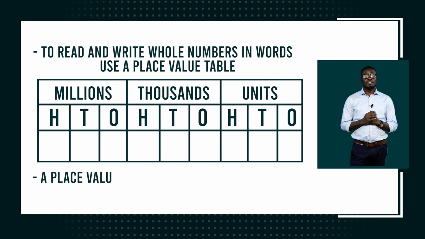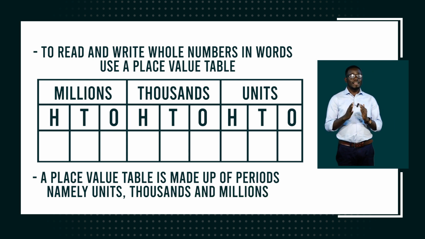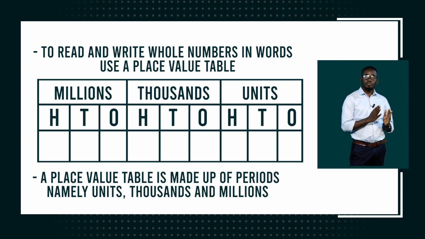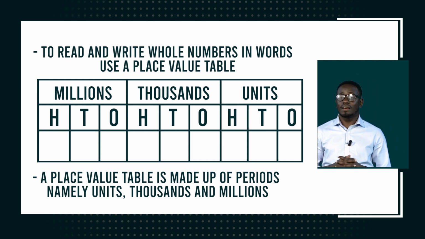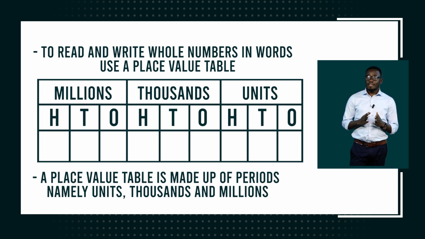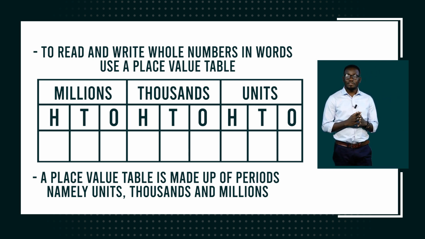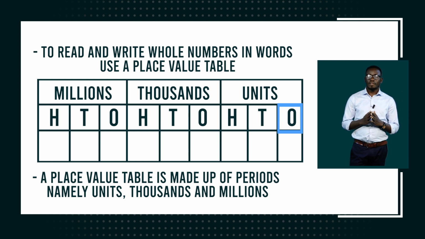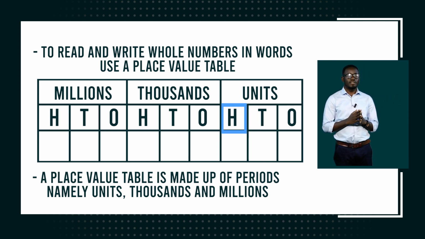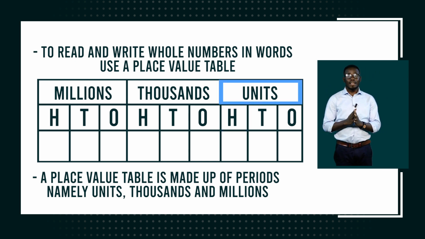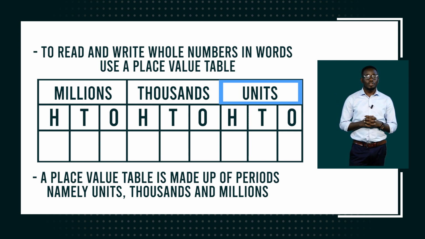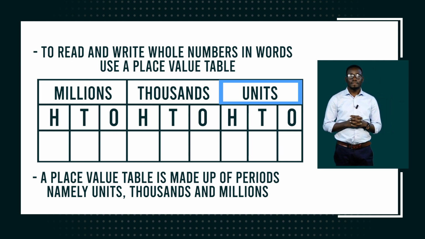But again, those place values are also classified or grouped into what we call periods. And those periods are what we use when we are reading and writing whole numbers in words. Take an example, the first three place values, that is ones, tens, then hundreds. Those first three place values from the right side lie under the period we call units.